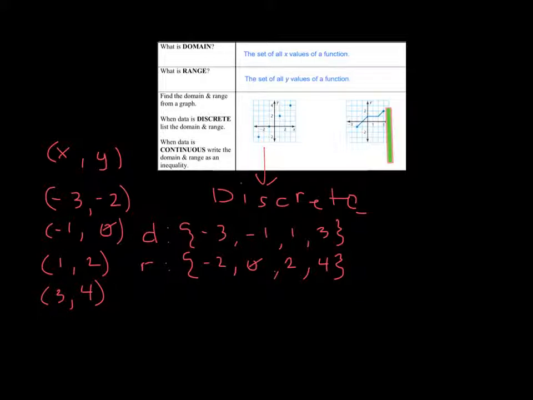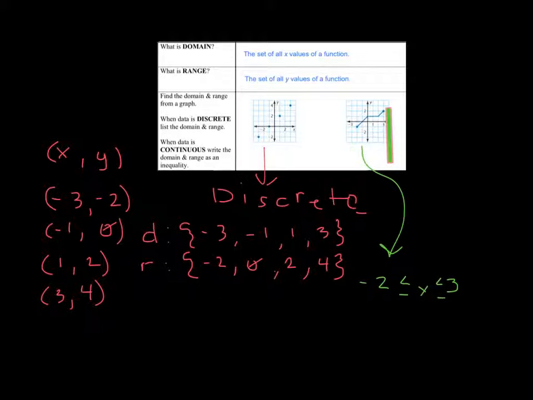So for my domain, my leftmost point was -2, and my rightmost point was +3. That would be the range of x values. It goes from -2 to +3. So -2 is less than or equal to x, which is less than or equal to 3.